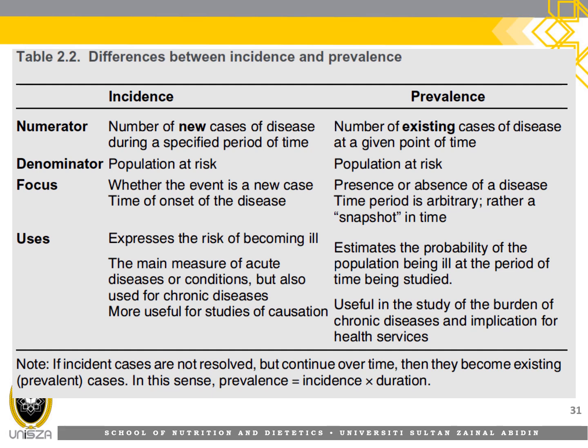Incidence is used to express the risk of becoming ill. It is the main measure of acute diseases or conditions, but also used for chronic diseases. Incidence is more useful for studies of causation.